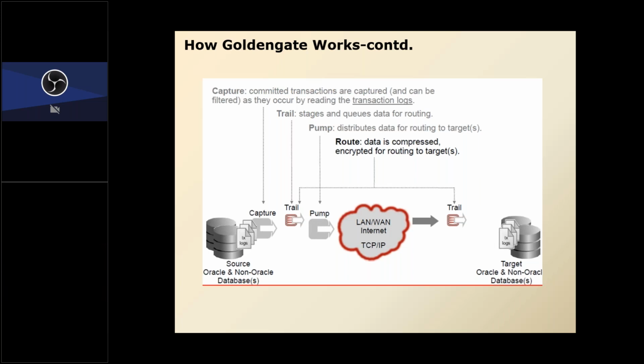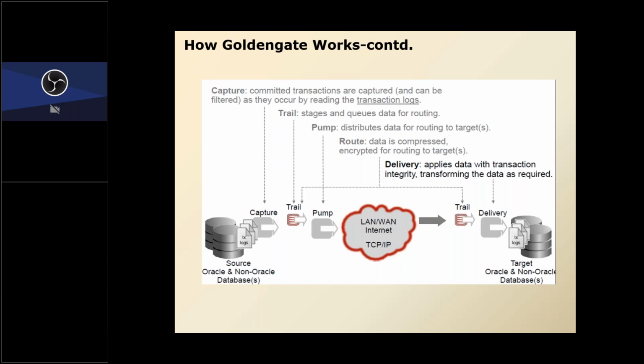Once the data is available in the local trail file, the data pump reads it, sends it over the TCP/IP network, and writes it to the remote trail file. Once the data becomes available in the remote trail, the Goldengate delivery or replicate process reads the data out of your remote trail and applies it to the target database.